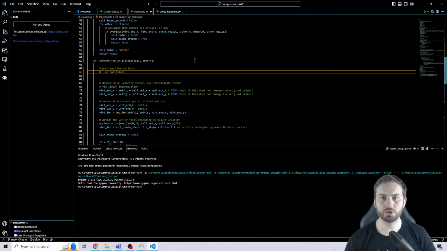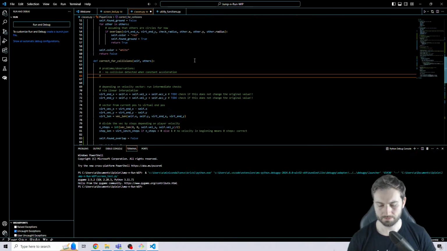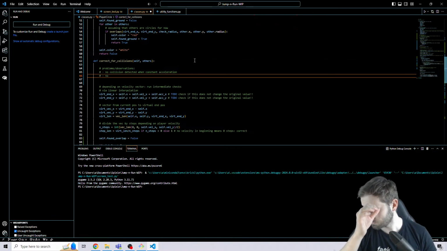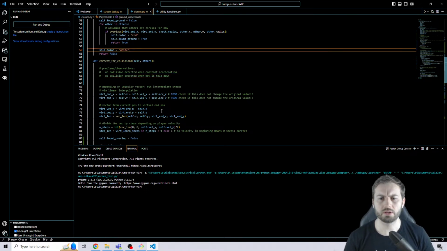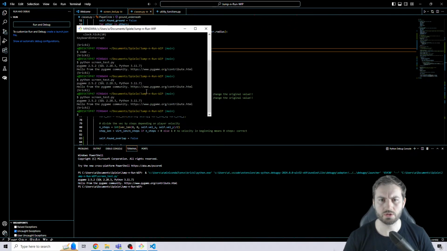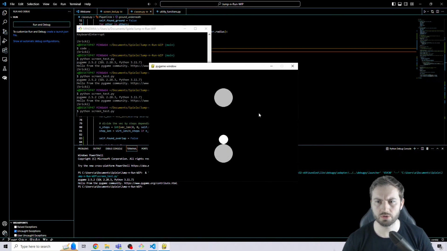No collision detected when constant acceleration. No collision detected when key is held down. Right, so that's what I kind of just saw here. Let's just see if that really is the case.